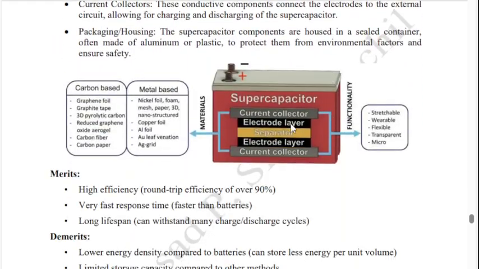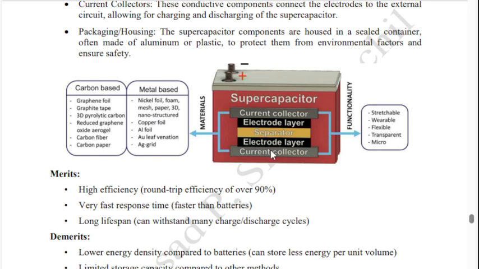The electrodes are connected to separated materials with opposite charges, and we have an electrolyte throughout the container. The negatively charged ions go to one side, the positively charged ions go to the other side through the separator, and they settle there.